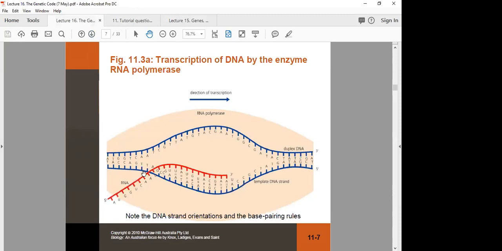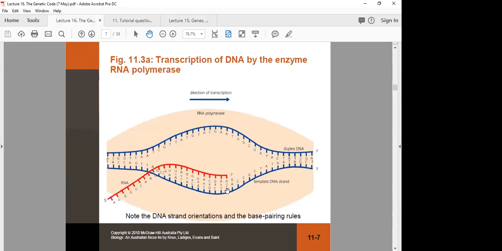Here we have our new strand of RNA that's being synthesized in red, and this strand of RNA is complementary to this strand of DNA, which is referred to here as the template DNA strand. So have a look at the base pairing rules there.